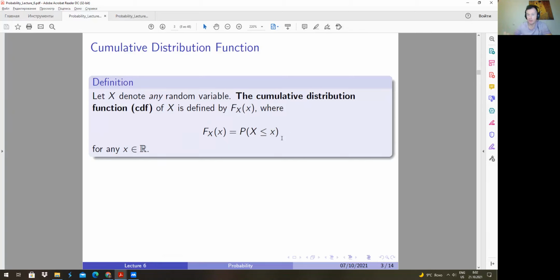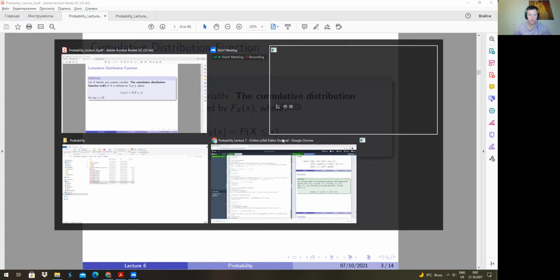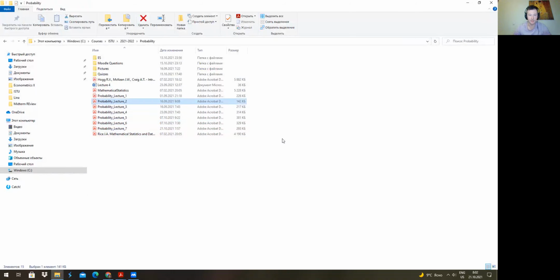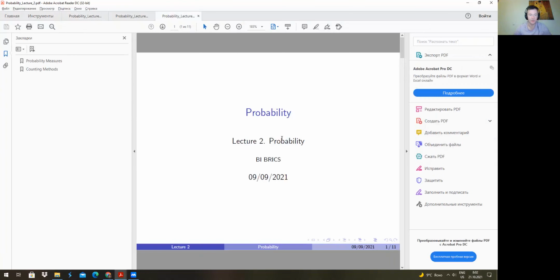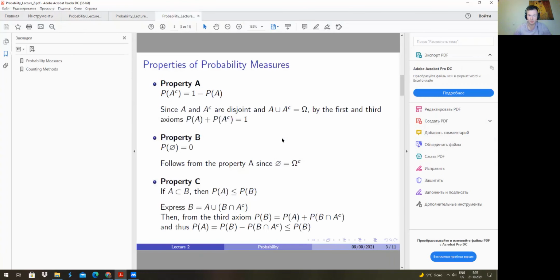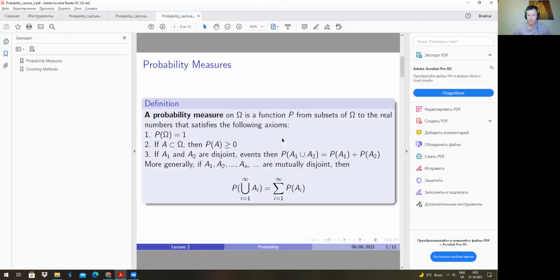Why? Because for a continuous random variable, if we want to use the definition of a probability, this sum is going to be infinite, and the number of possible cases is also infinite. When we want to calculate the probability of one outcome, it's going to be 1 over infinity, so it's almost 0, right?